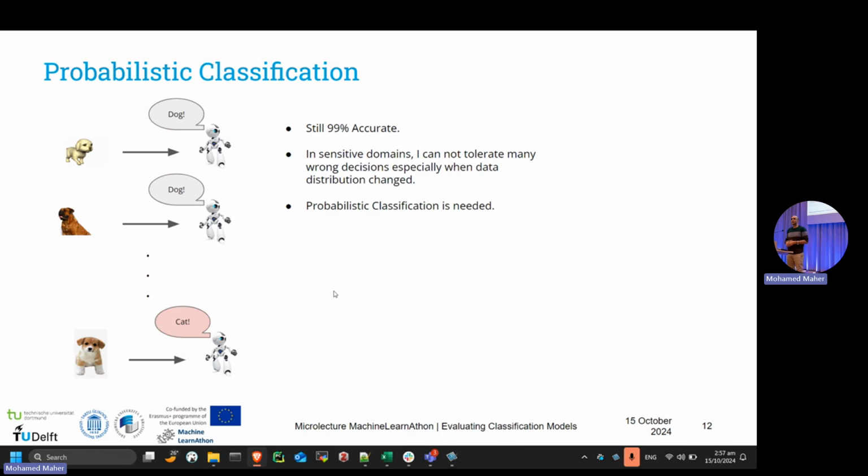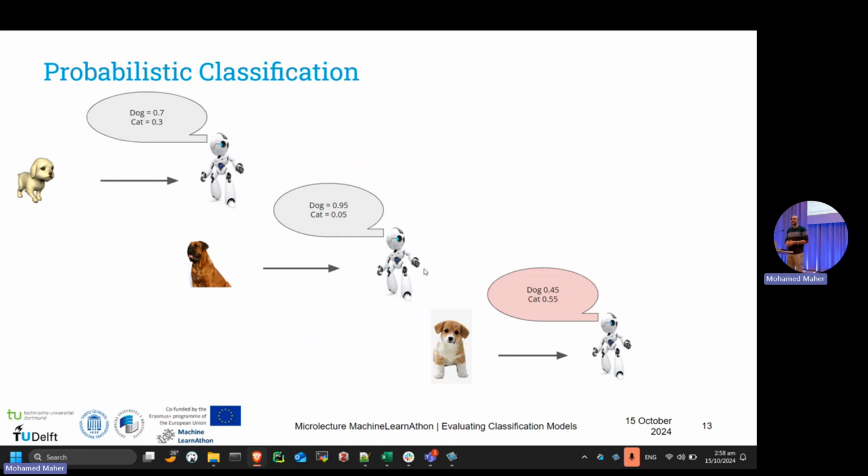So when the model is not confident of its prediction, or it has low confidence level, low probability, in this case, we can move the instance to a human being in order to double check the AI model predictions. So instead of just predicting the label as dog or cat, we can have for this image a prediction of 0.7 as a dog and 0.3 as a cat.